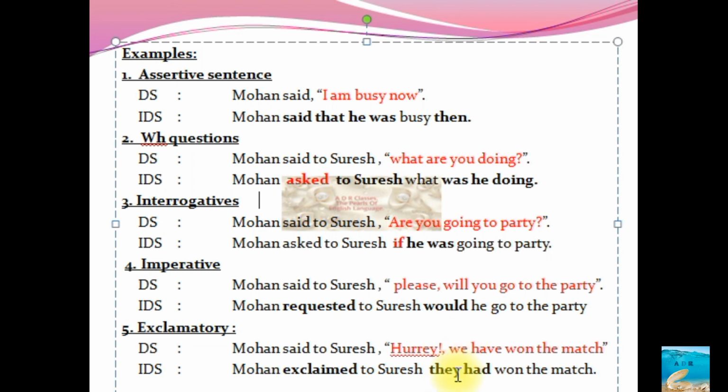Won the match is the same. Remove the commas and inverted commas. You can also say Mohan exclaimed to Suresh that they had won the match. Without that also you may use the sentence.